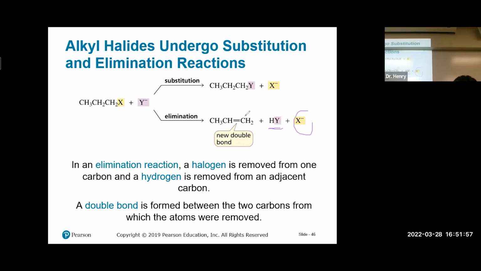Because you're removing that adjacent hydrogen, you're going to be forming a new double bond. So in an elimination reaction, you get a double bond forming, and both your nucleophile and your halogen are removed. Your halogen becomes an ion, and the nucleophile you use gets the hydrogen added onto it.